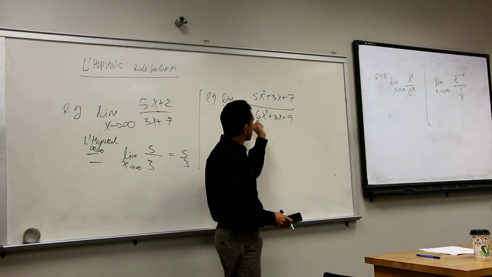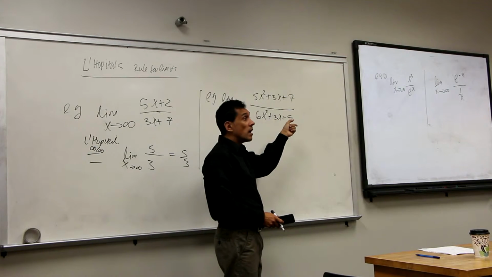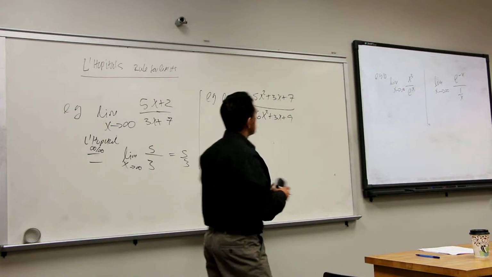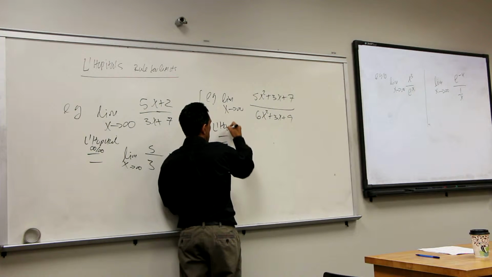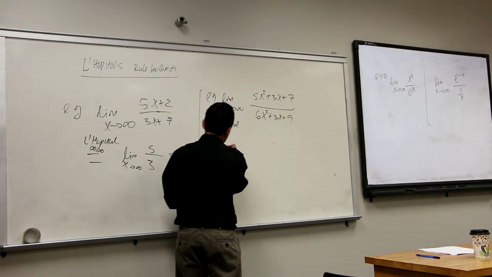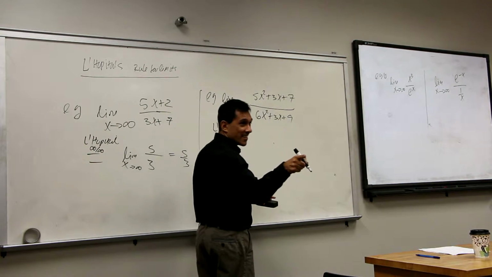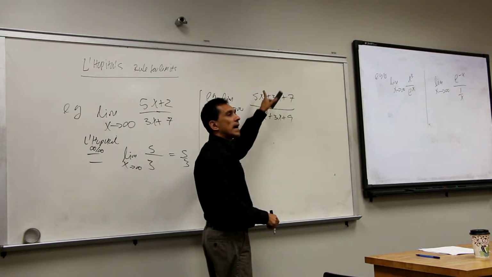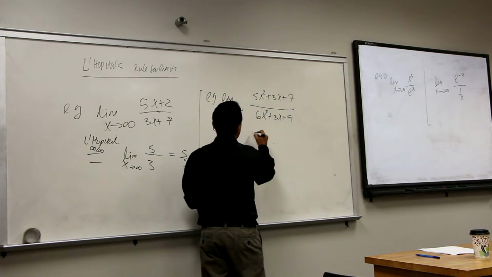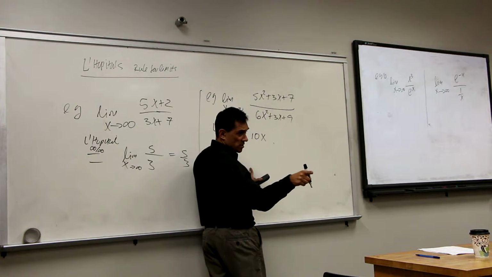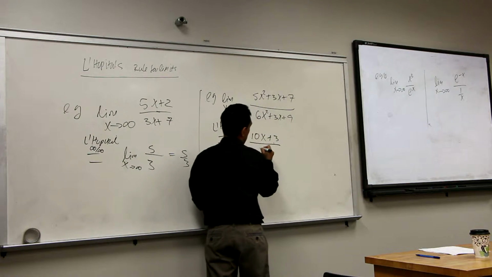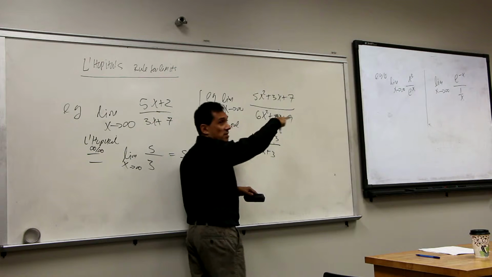As x goes to infinity, the denominator goes to infinity. So L'Hopital, infinity over infinity limit. Okay, sorry, 8 over infinity is what? 0. So I will take the derivative of the numerator and divide by the derivative of the denominator, and now take the limit.